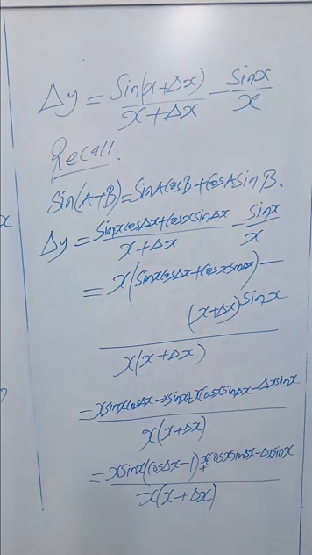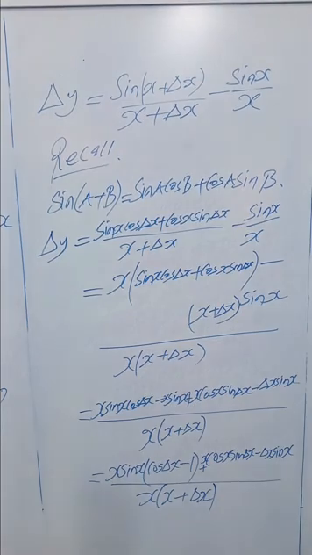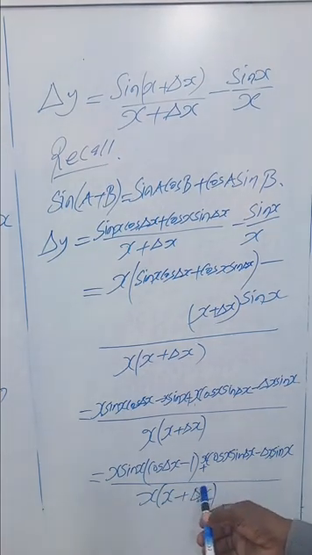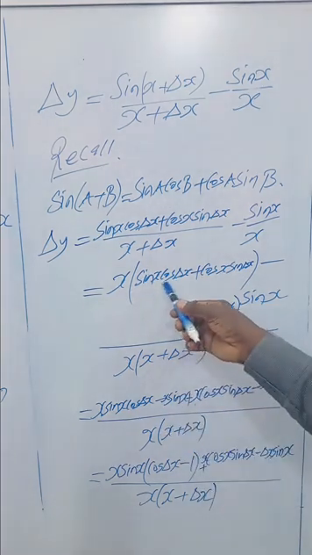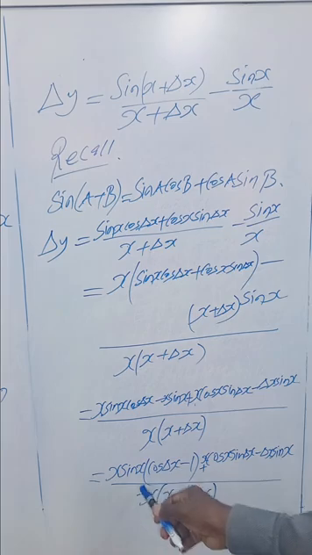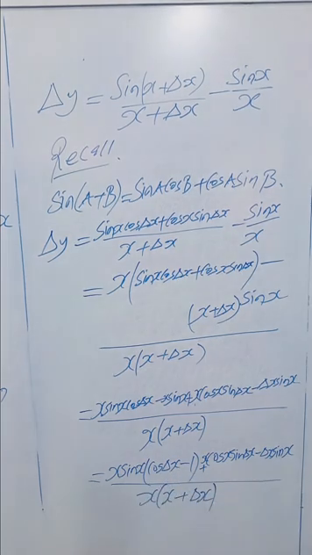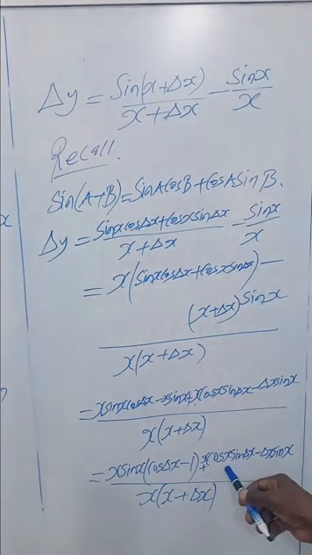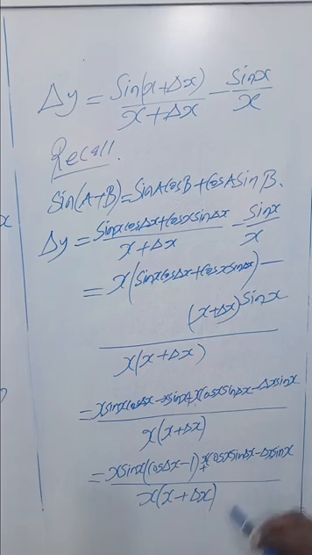So this is what we get. Trying to collect like terms, we take this sine that side, it will combine with this term which has got sine. So taking outside x sine x into bracket, we shall remain with cos delta x minus 1. Then plus x cos x sine delta x minus delta x sine x over the single denominator.